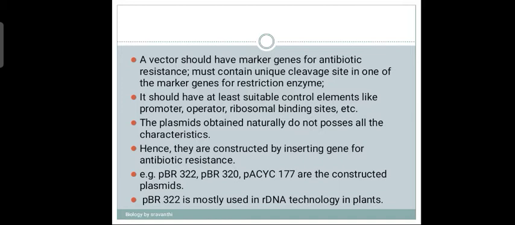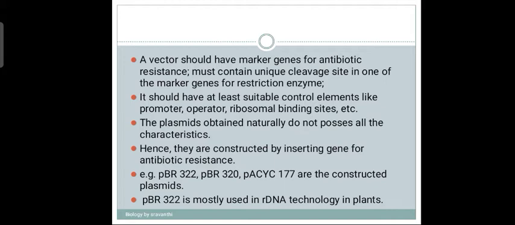It should have marker genes, for example for antibiotic resistance, and it should have control elements: a promoter, an operator, and a ribosomal binding site are compulsory. Remember the lac operon from the previous class, where you can see the promoter, operator and ribosome binding. All these are necessary to act as a vector.